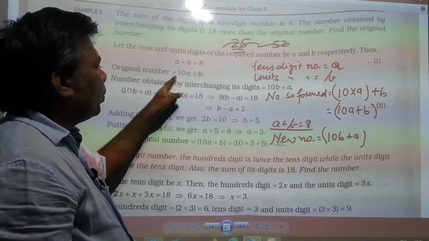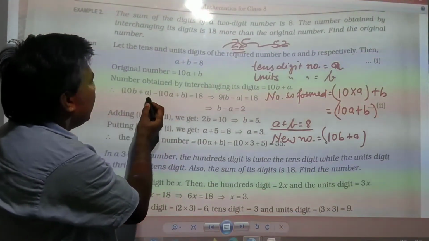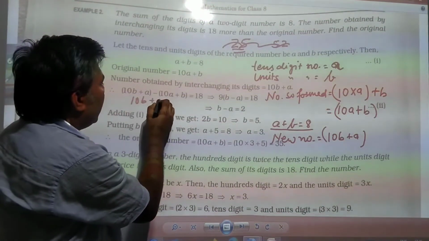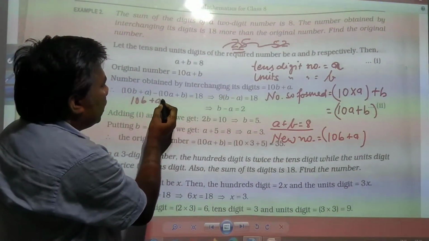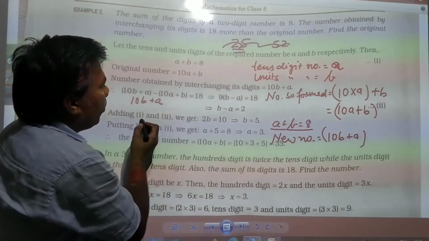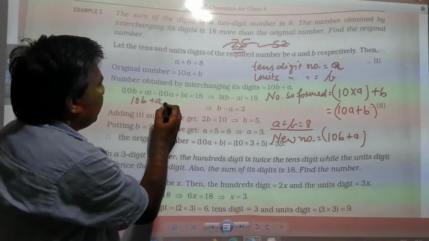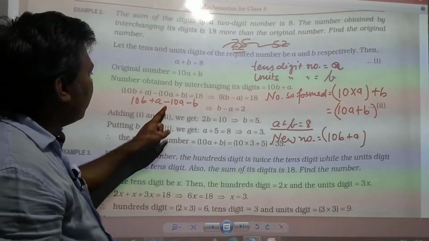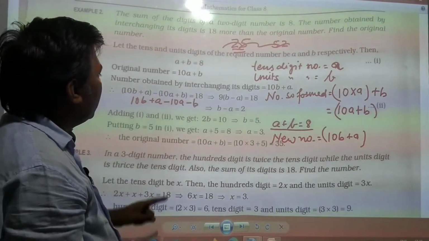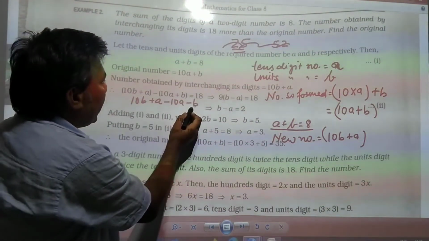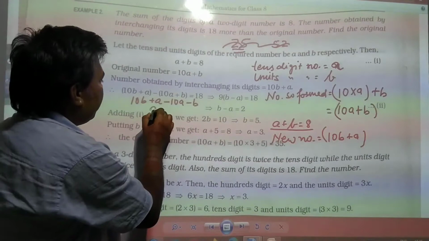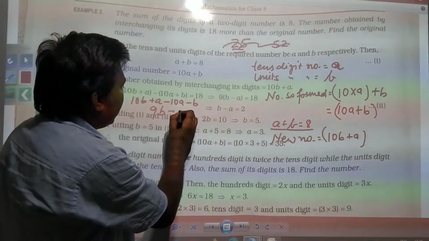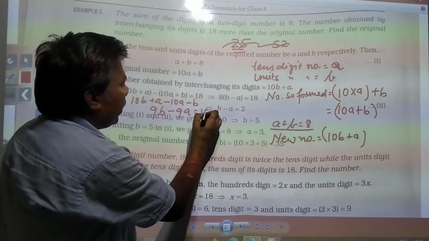Now this is required to be simplified. 10b plus a minus (10a plus b). When we open the bracket, the signs will change, so this will become minus 10a and minus b. Now 10b minus b will become 9b, and a minus 10a will become minus 9a, and that is equal to 18.